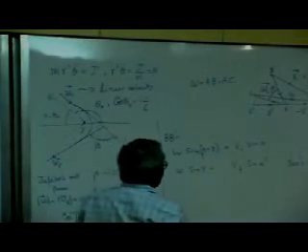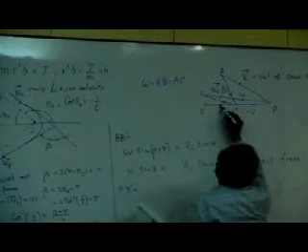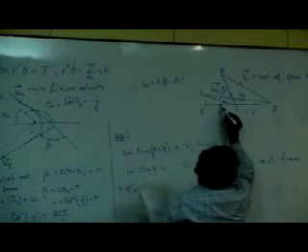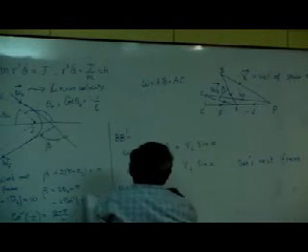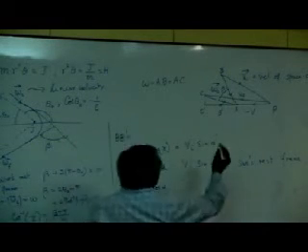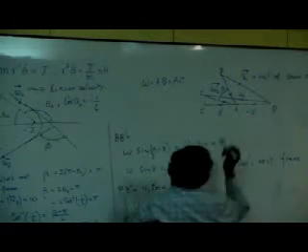Now, similarly, what is OB, PB prime? PB prime from here to here is Vi cos alpha. That's also equal to this plus that.